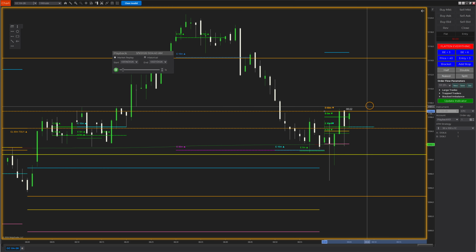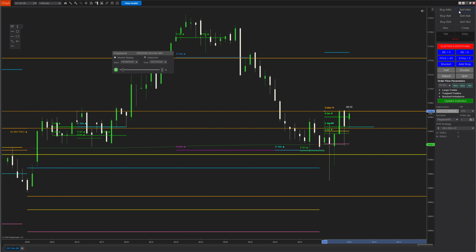Uh-oh. If it closes above this level, then this is essentially over. And it's definitely over if it closes above that 1 hour.